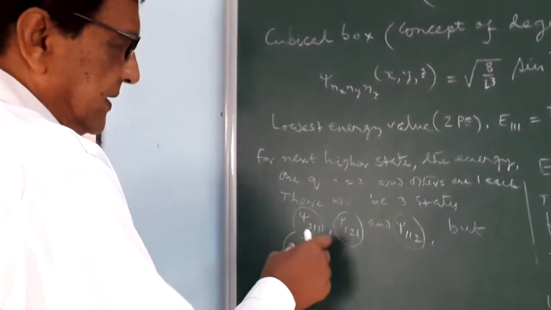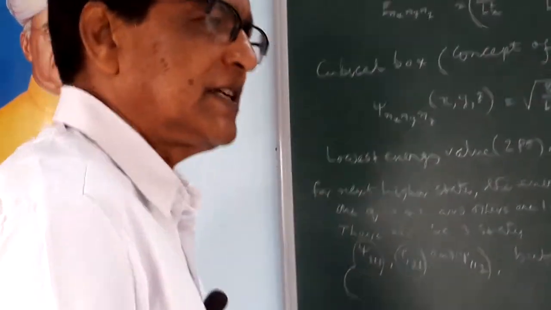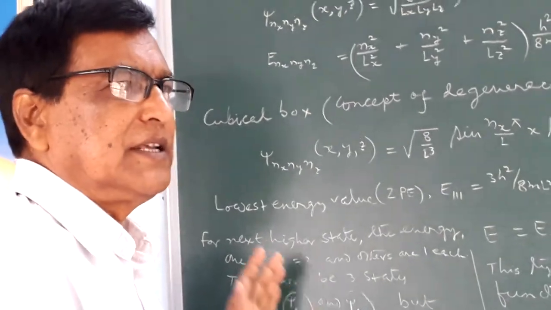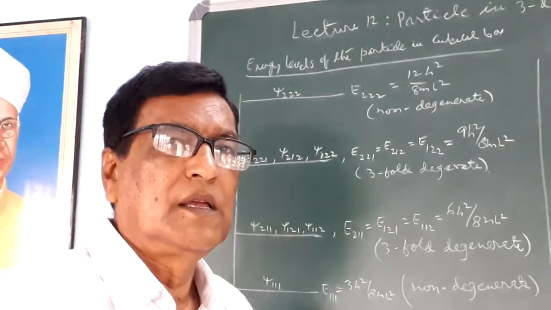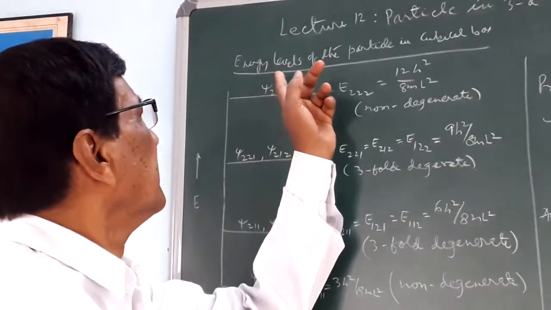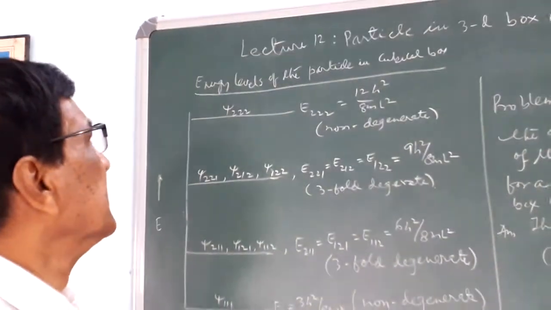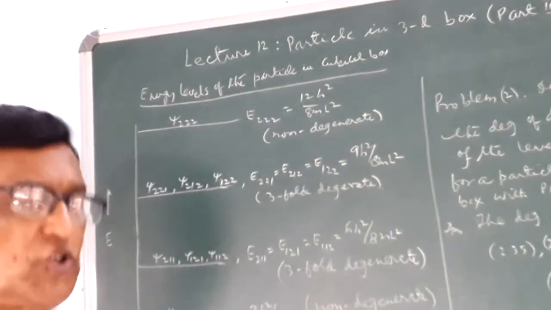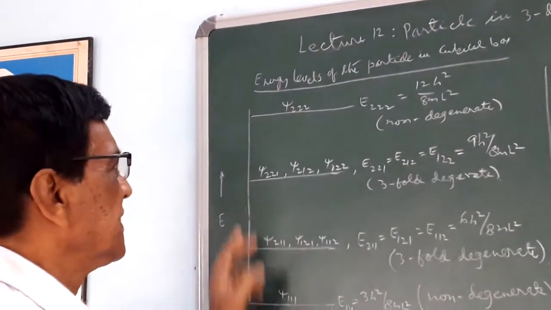These energy levels and their corresponding wave functions I can show in a table. Here I am showing the energy levels of a particle in a cubical box, and the energy is increasing along these directions.